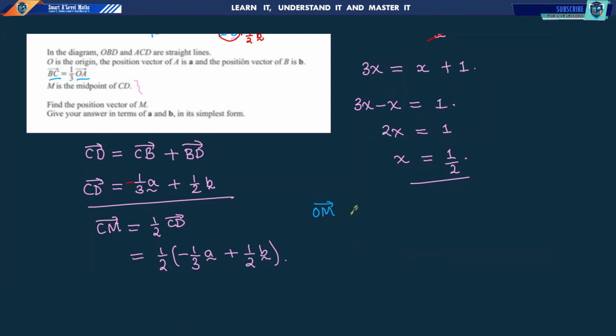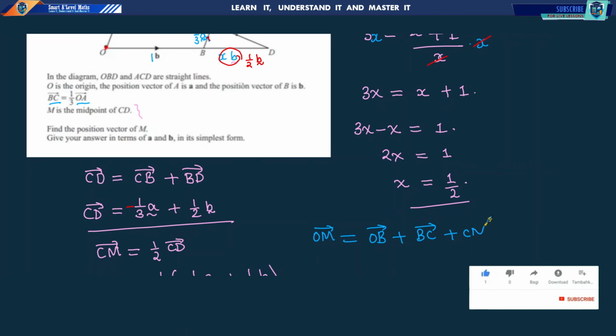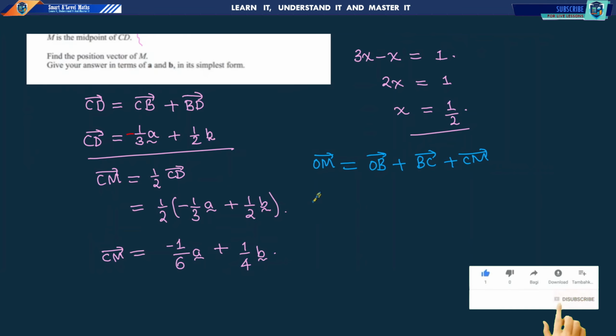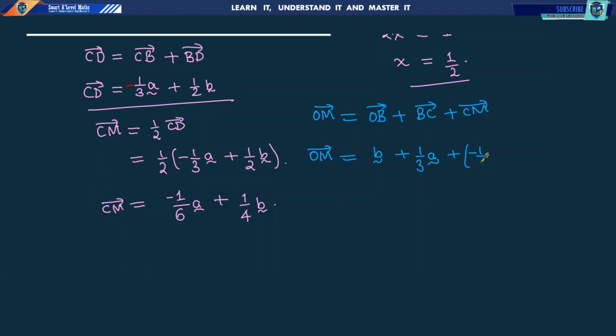OM equals OB plus BC plus CM. So we're going to make some substitution, and we have OM given by OB, and OB is vector B. We add this to BC, our BC is 1/3 of vector A, plus CM, negative 1/6 vector A plus 1/4 vector B. This negative applies for this one only.